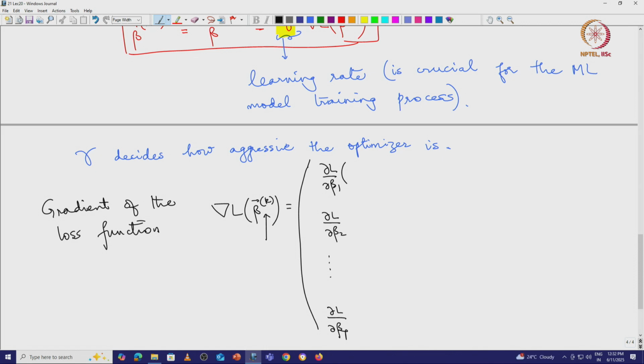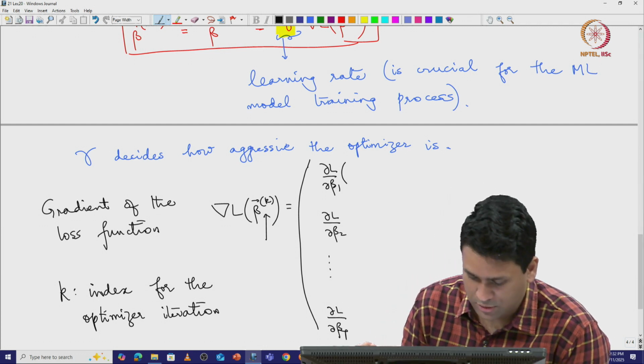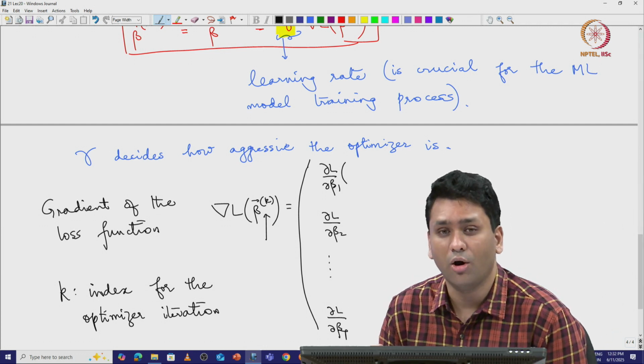So k denotes the index of the iteration, k is the index for the optimizer iteration. You start at the 0th step and then keep on iterating till your value of beta is optimized.